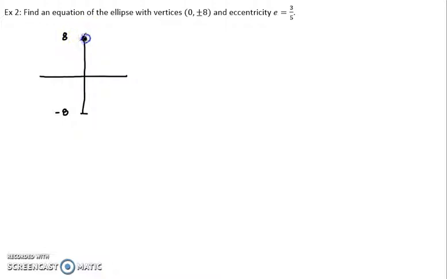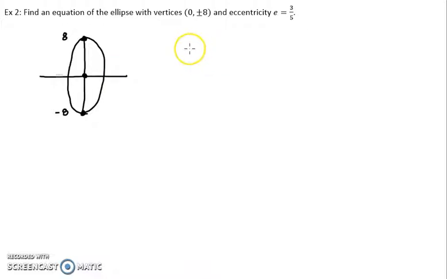So if my vertices are going this way, I know the center is going to be halfway between the vertices, so halfway between negative 8 and 8 is going to be 0. So I know I'm going to be oriented vertically. So I know when I find my a and b, the bigger number of the a has to be under the y because I'm oriented vertically.